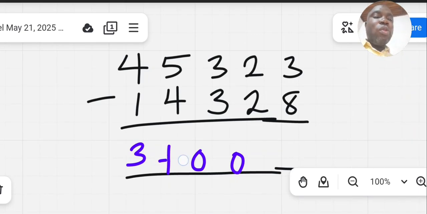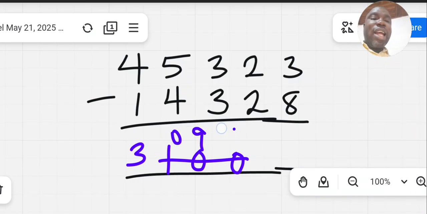Or you borrow from 100. When you borrow from 100, you have 99 left. Remember, it's 3 digits, remaining 2 digits, so you have to add 0 to that 99 so it becomes 099, because you are borrowing from 3 digits, so your answer has to also be in 3 digits.